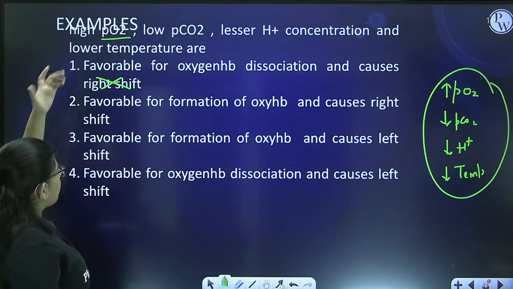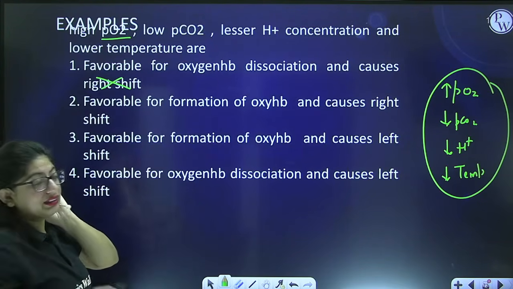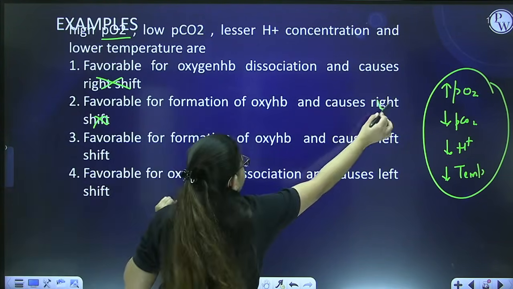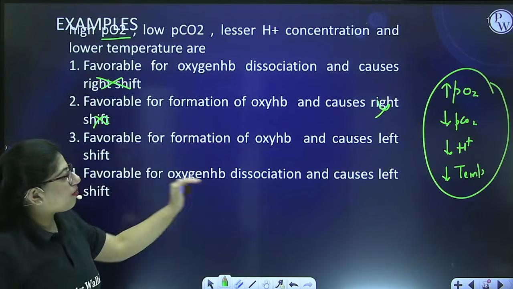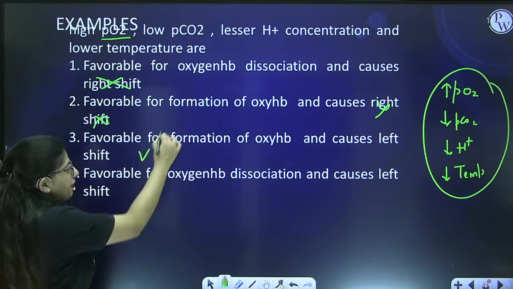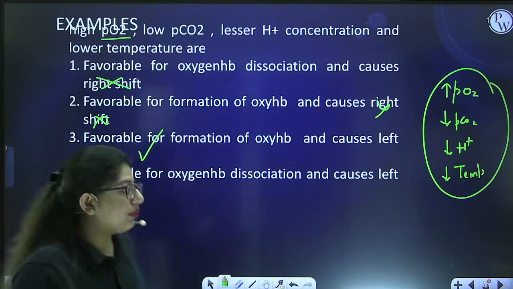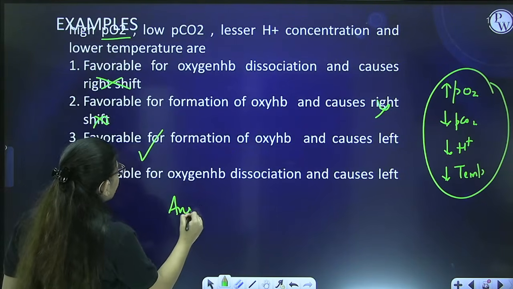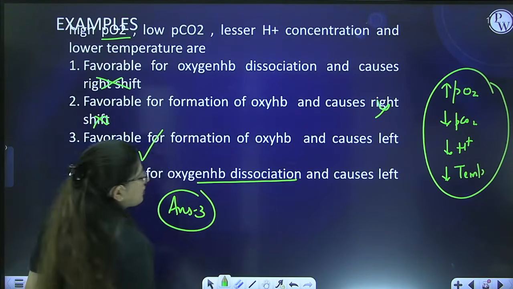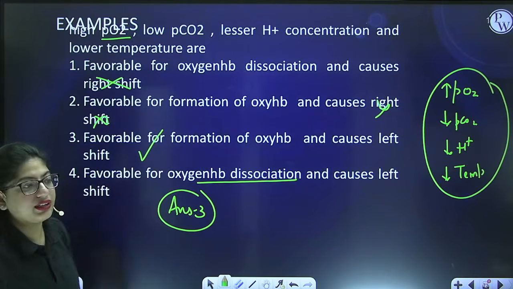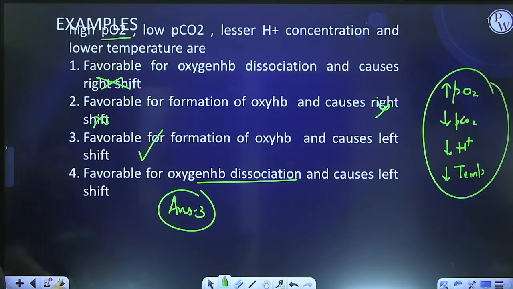No. Forget all those which have right shift in them. Next, favorable for formation of oxyhemoglobin and causes left shift. Left shift is good and oxygen will bind to hemoglobin. Answer is 3. In the 4th, it is written dissociation of oxyhemoglobin, so this is incorrect.